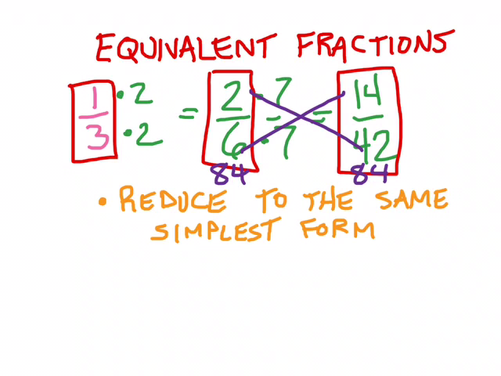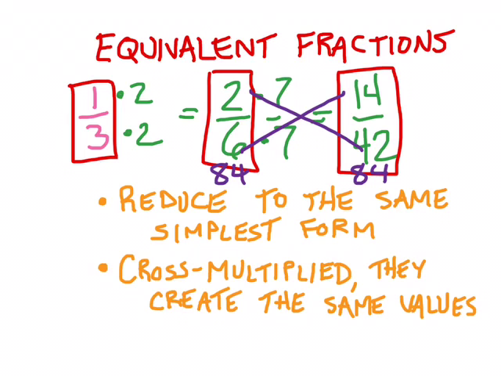So that's a neat quality of equivalent fractions. And it's a quality that we've been taking advantage of for quite a while. This is the reason cross-multiplying proportions works. We're basically solving for x and finding the value that makes an equivalent fraction.